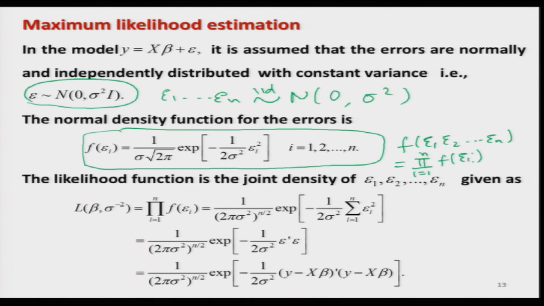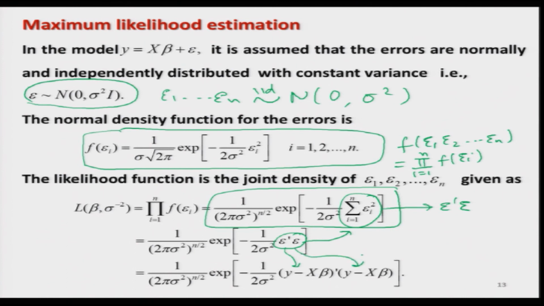If you write it out, you will get the likelihood function with the summation of epsilon i square. Now, this summation of epsilon i square can be written as epsilon transpose epsilon, and this epsilon can be replaced by y minus x beta. So now this is the likelihood function.